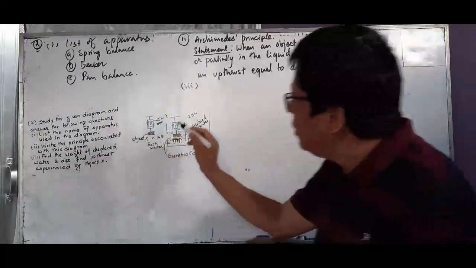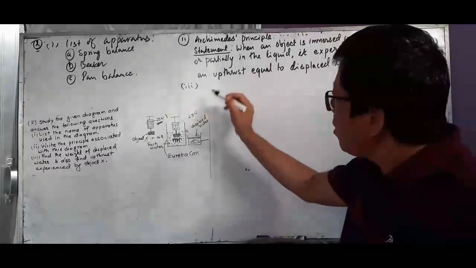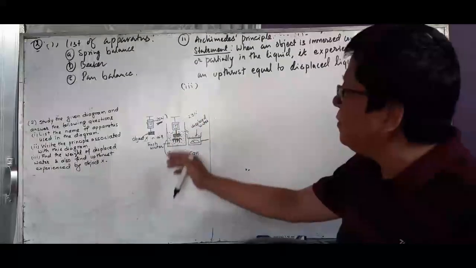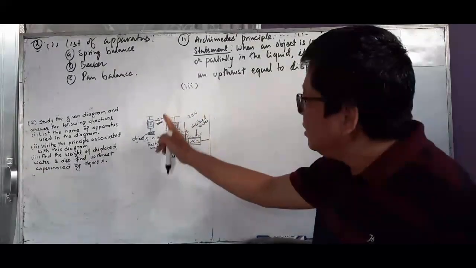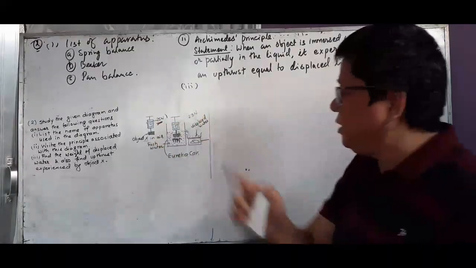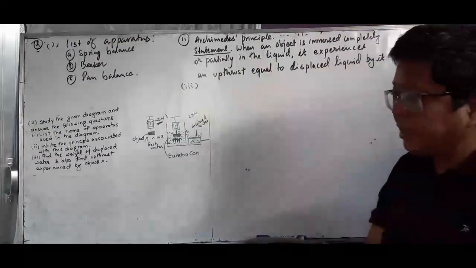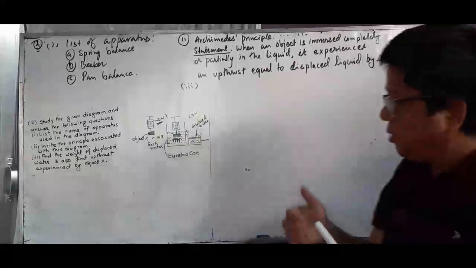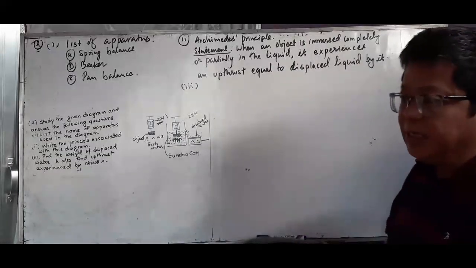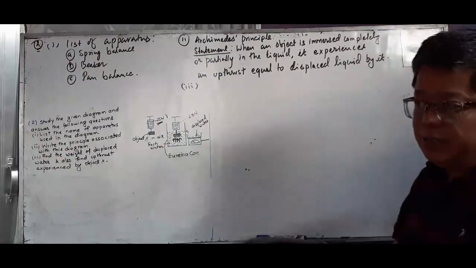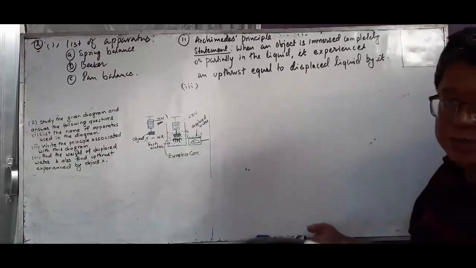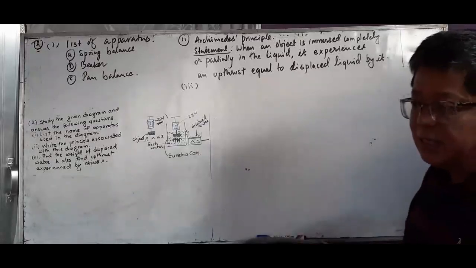The reduced weight is obtained by subtracting the weight inside the water from the weight in air. When we lift up something inside water, it is easy, but when it comes outside the water surface, it becomes harder.